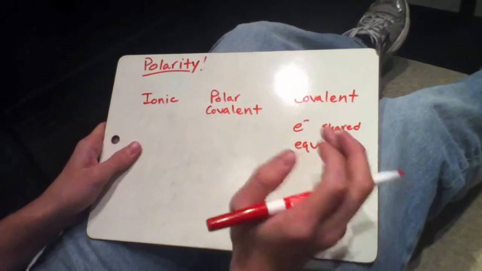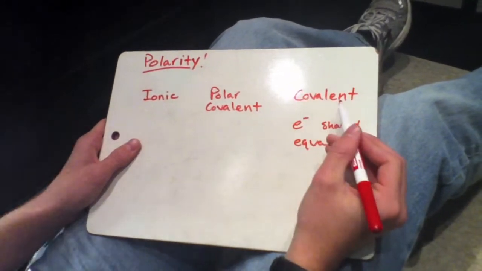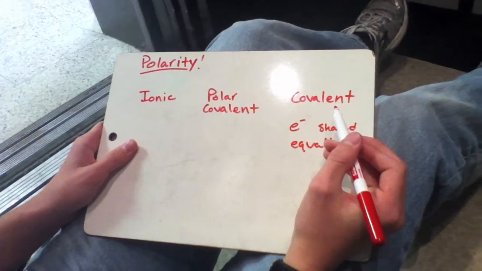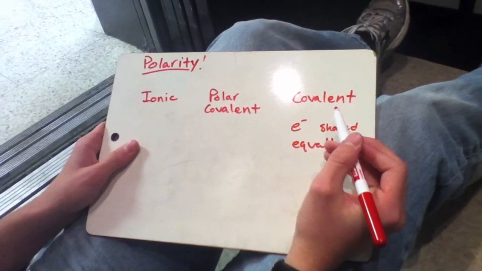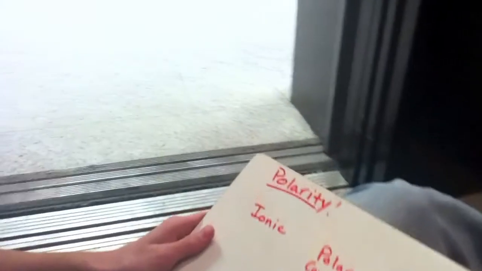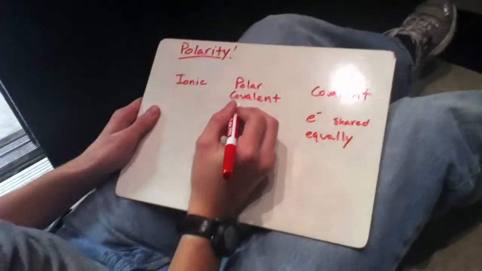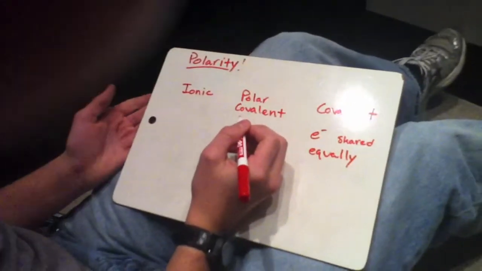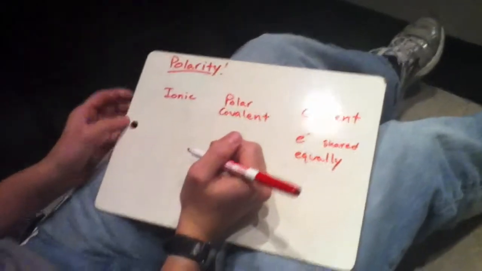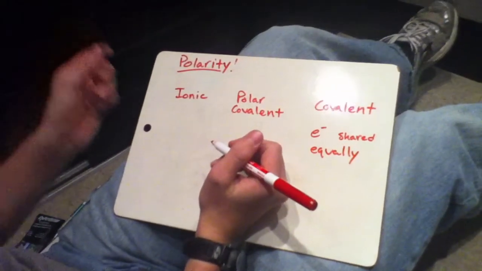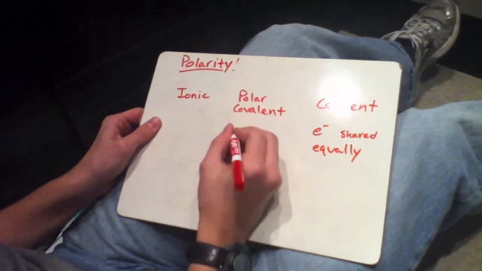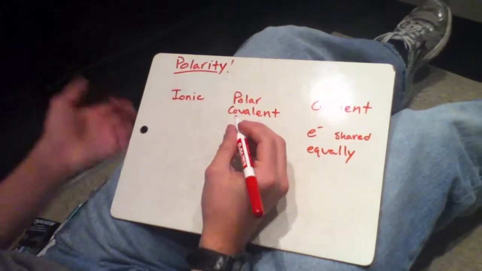So the same element bonded together is always just plain old covalent. And if it's a covalent bond, but they're not the same element, that means there's an unequal sharing.